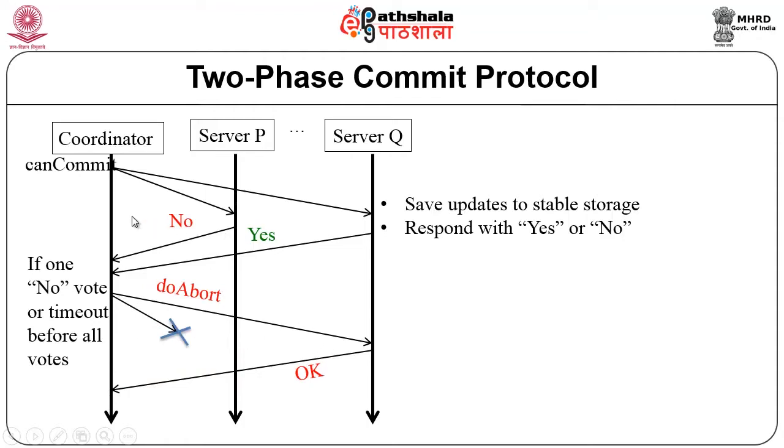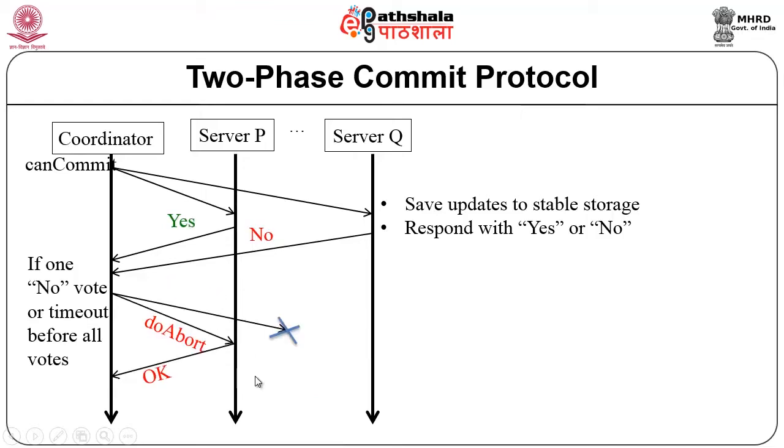In case one of the participants says no and the other says yes, then the coordinator takes a do abort decision. If server P said no, there is no need to tell server P do abort; only server Q, who was ready to commit, gets a do abort message and it says OK.